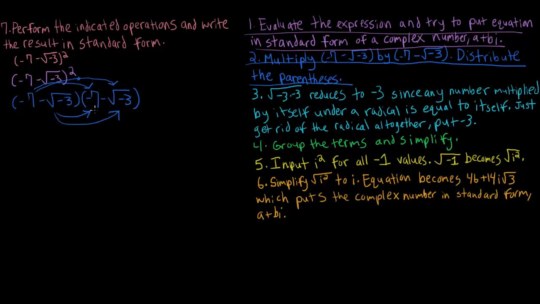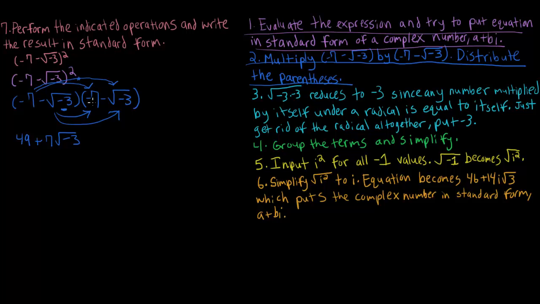So to start, we multiply negative 7 times negative 7 is positive 49. Negative 7 times negative square root of negative 3 is positive 7 square root of negative 3. Then move to our second term right here.